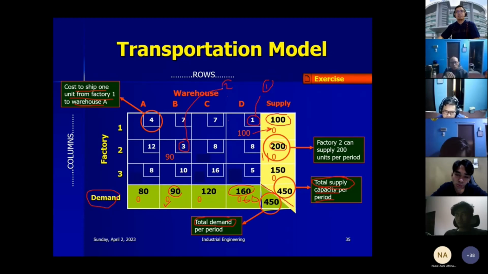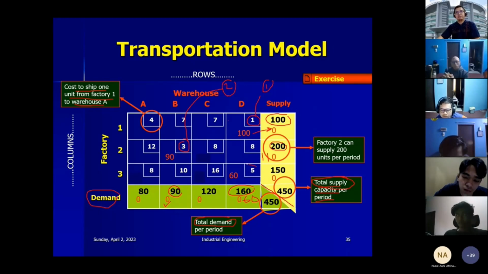Which one is the third lowest value for the cost to ship? 4 or 5? 4 first. But when we look at the 4, there is no supply here, it is 0. So we move on to the next one.